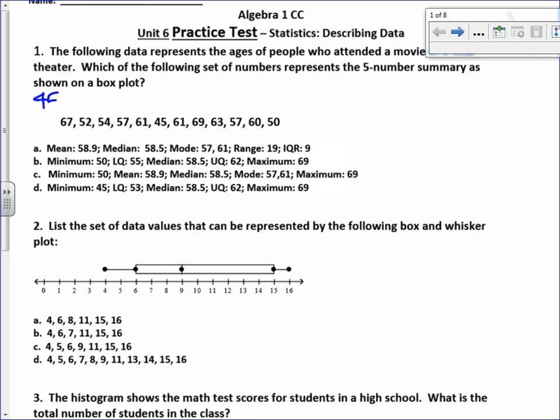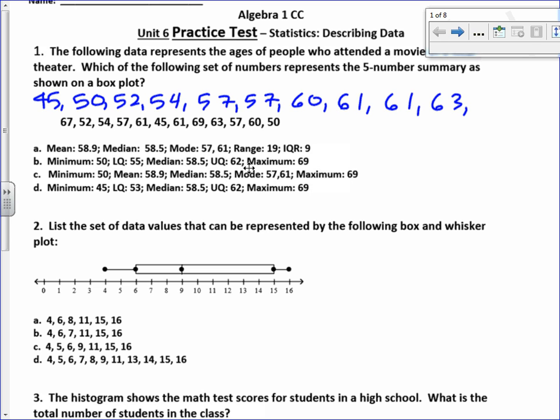Okay, 45. Okay, so now we have the numbers arranged from least to greatest. The smallest number will give us the minimum, correct?